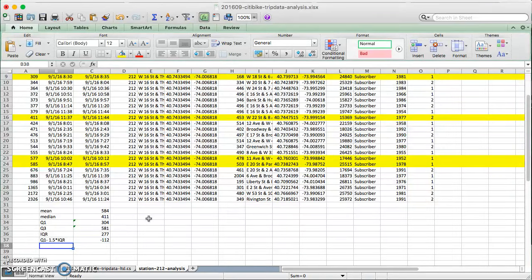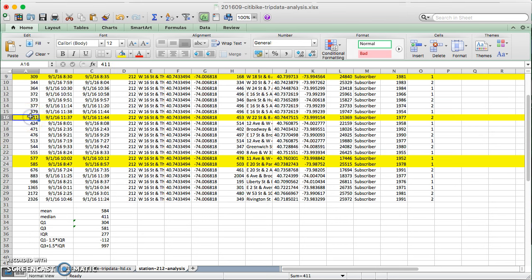However, if I do the upper bound, which is going to be Q3 plus 1.5 times IQR, so again we're pushing out towards the boundary, so it's going to be Q1 minus and Q3 plus, and in this case 1.5 times the IQR, and I get 997. Now I start to see some meaning to this, right?